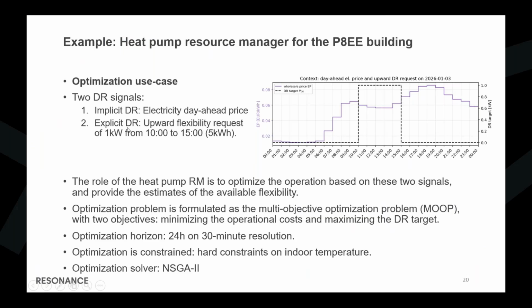The other is the explicit demand response signal, which represents the upward flexibility request of 1 kilowatt from 10 o'clock in the morning to 3 o'clock in the afternoon. So this is one explicit demand response signal that the customer energy manager, or in this case, the resource manager, receives and tries to optimize according to it.